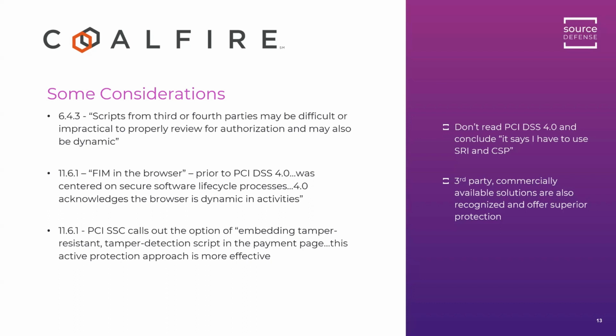What you can see on the left here is the specific problems with CSP and SRI, which I'll get into a little more further in the talk. With third and fourth party vendor code integration examples of payment page scripts, it's really tricky to understand what those are and implement CSP to handle them.